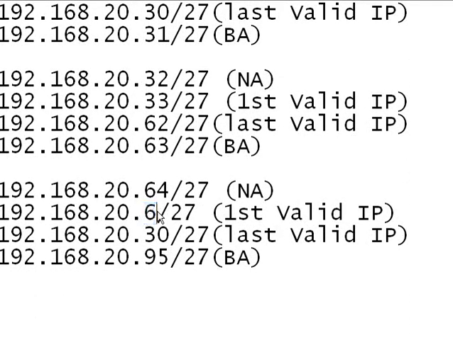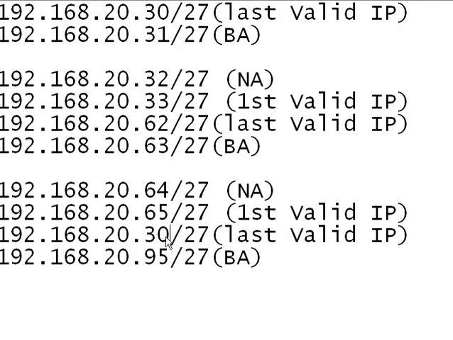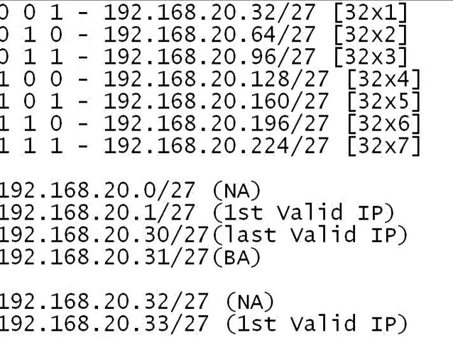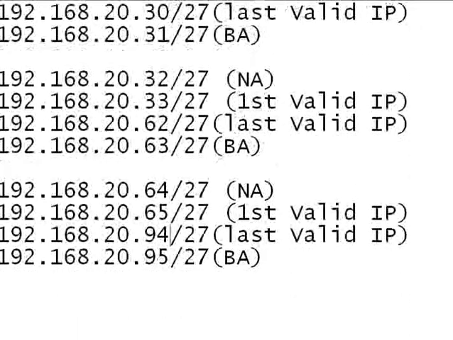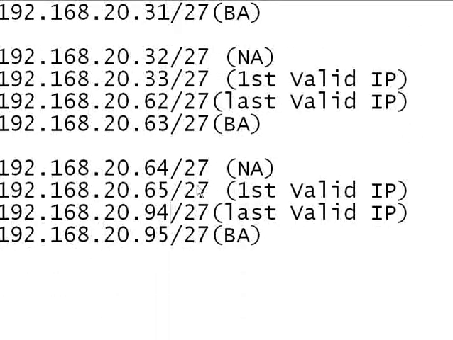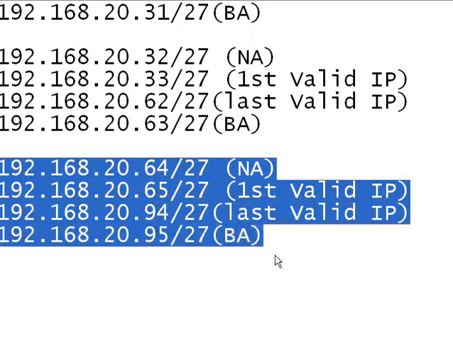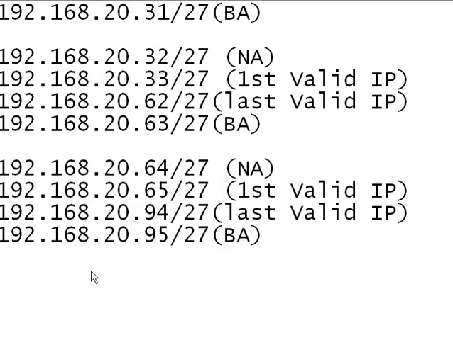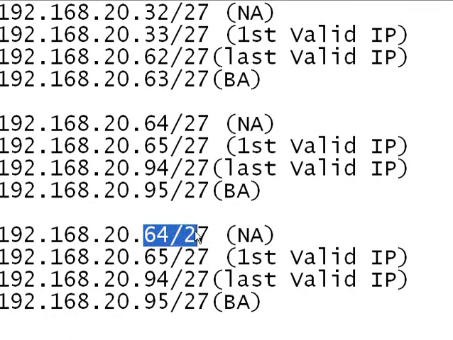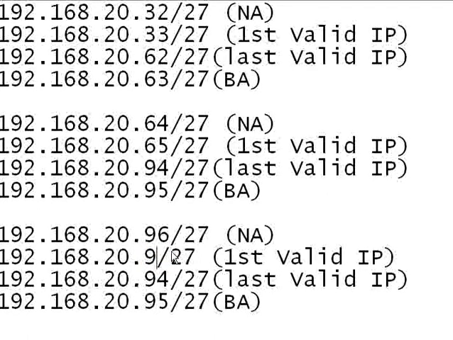So let's calculate. This will vary from 96, and this will be 97 till 127. This is 126. So I'm getting the specification of the next subnetwork. So I've calculated the first, second, third and fourth subnetworks.